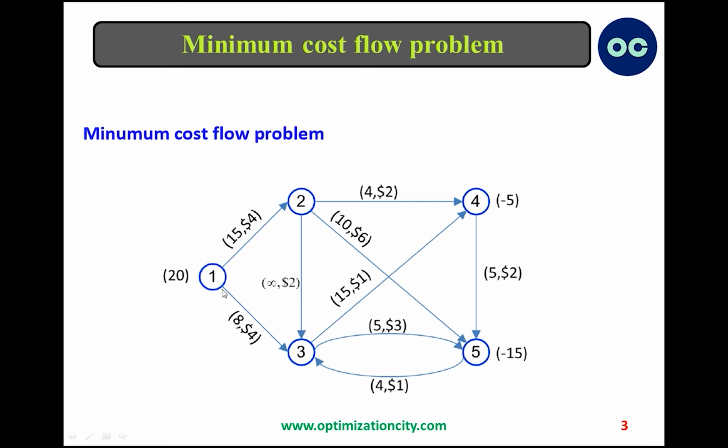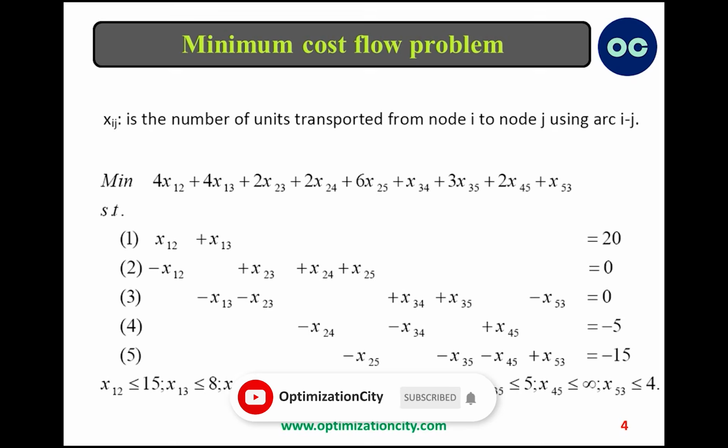In this diagram, node 1 is a starting point with a supply of 20 units, and nodes 4 and 5 are the destinations that require 5 and 15 units respectively, indicated by the negative sign. In the minimum cost flow problem, our objective is to discover the flow pattern incurring the minimum cost.